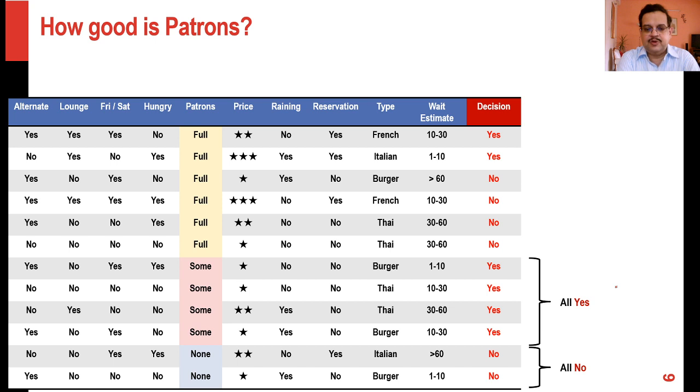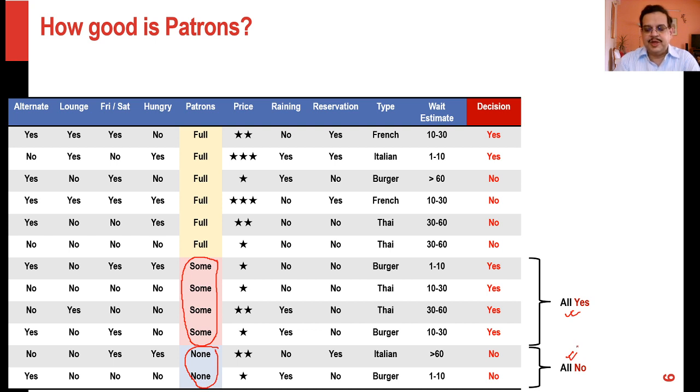So the good thing about patterns is that, as you can see, in the cases where I have some, that is where patterns value is some, in all of these cases my decision is yes. And in the cases where patterns is none, in all of those cases my decision is no.